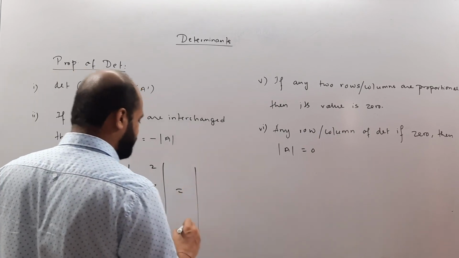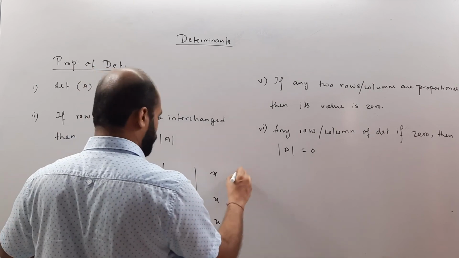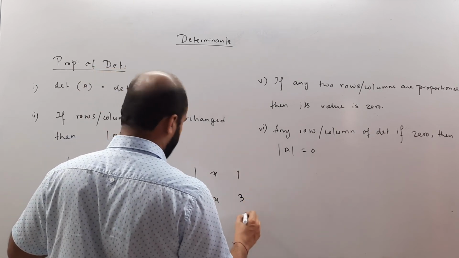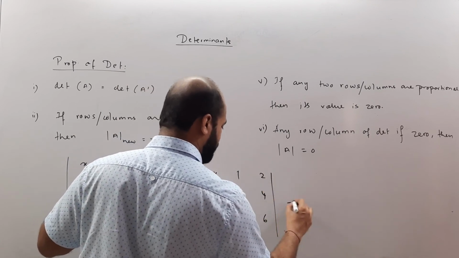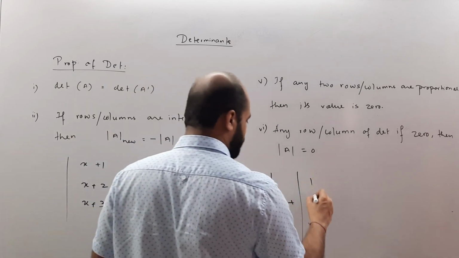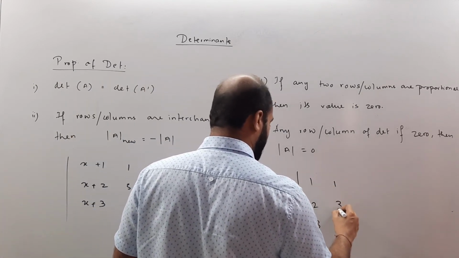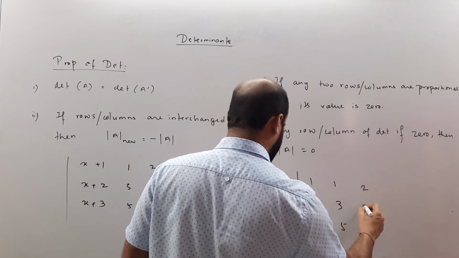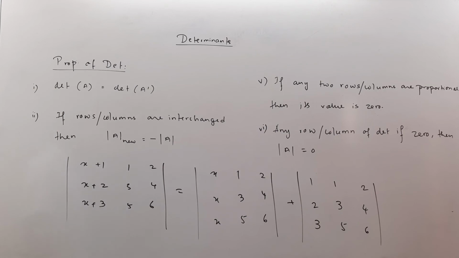We can write this as x, x, x, 1, 3, 5 and 2, 4, 6. That will be my first determinant. The second one will be 1, 2, 3 written over here, and then the other two columns will remain the same. So this is how we can write this determinant and then expand.